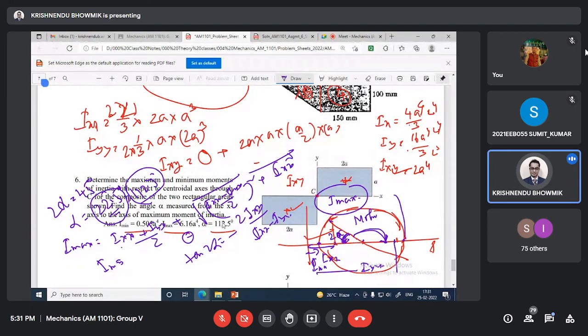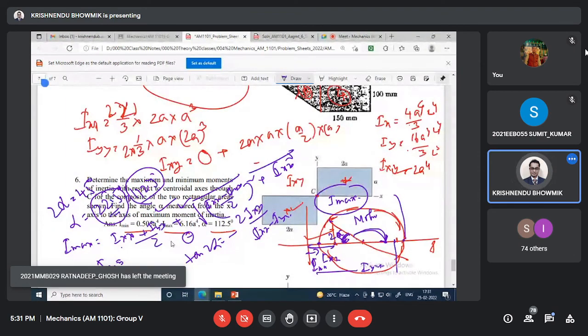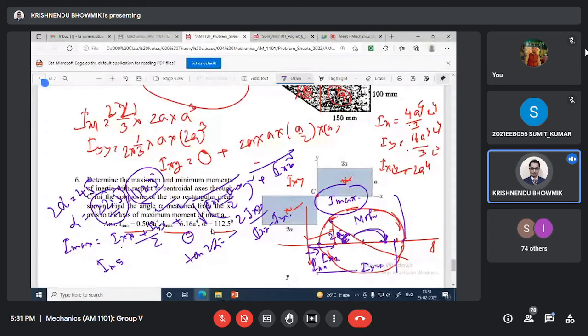So in this question, it has been asked, from the formula you can get I max, and you have to tell the value of alpha with the x-axis which is making maximum moment of inertia. That will be the higher value of alpha, 112.5 degree. That alpha will be for I max, but 22.5 degree will be for I minimum. From where did we get this? Because this IXX value is lower than the IYY value. So draw the Mohr circle and do this.